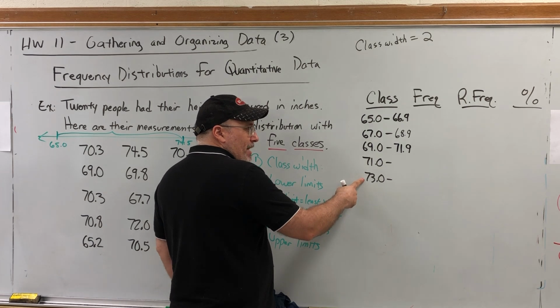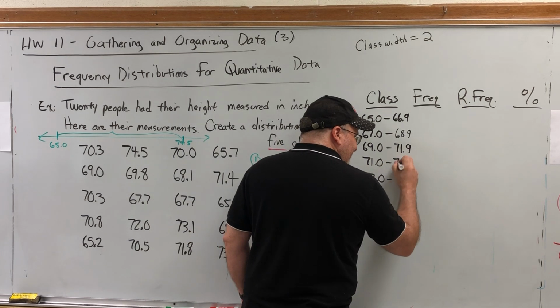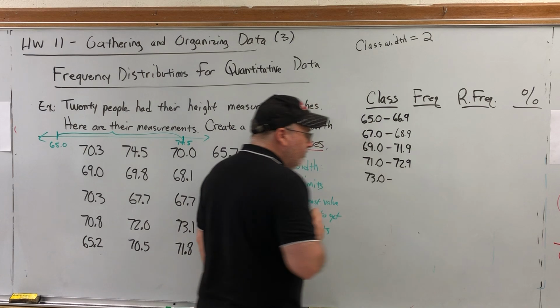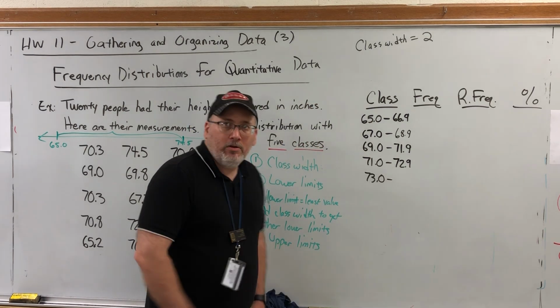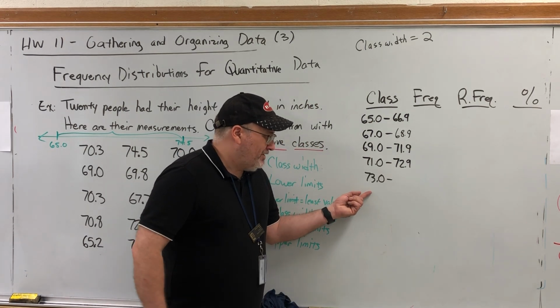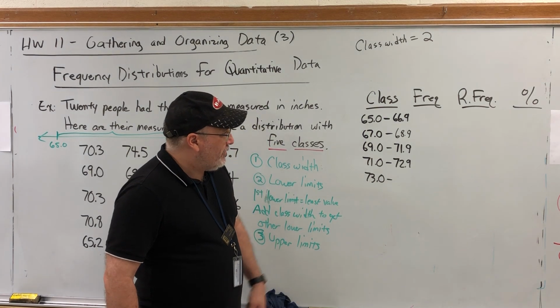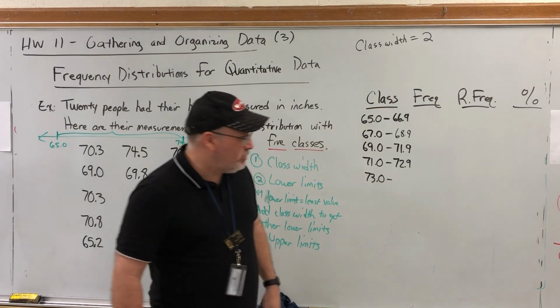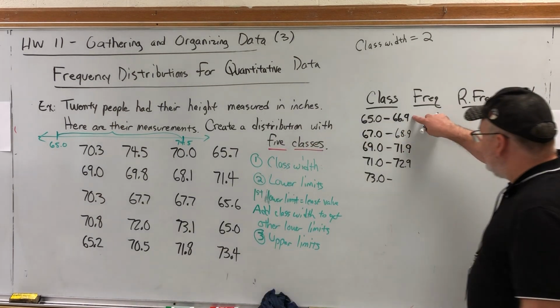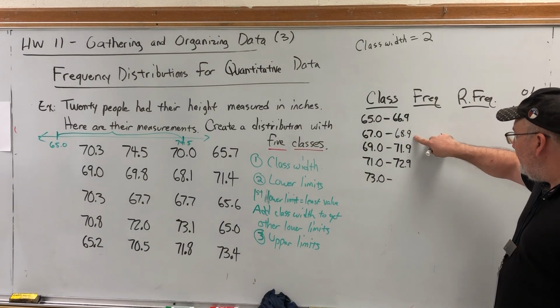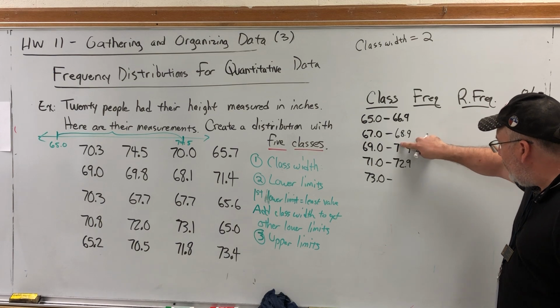Dial 73.0 back 1 in the last decimal place, you get 72.9. Uh-oh, we don't have another lower limit to dial back 1 in the last decimal place. Fear not though, look at the pattern in the upper limits. 66.9, 68.9, this is not correct, this should be 70.9.